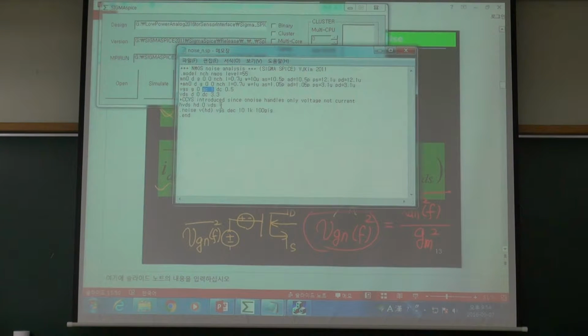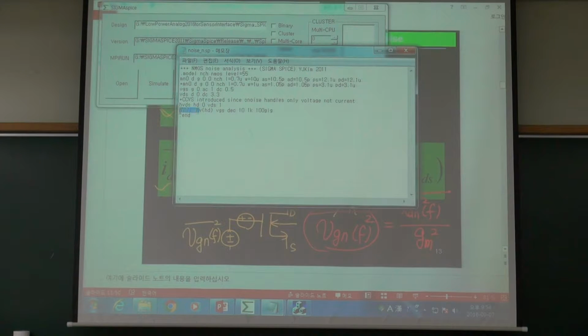And then I used a current controlled voltage source here. IVDS is just the drain current, and gain equals 1. So the drain current is multiplied by 1, and that becomes a voltage drop between the HD node and 0.